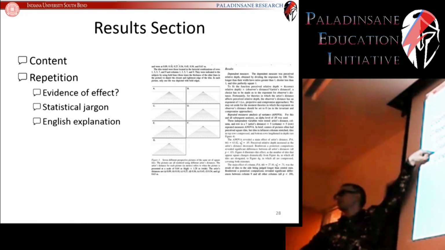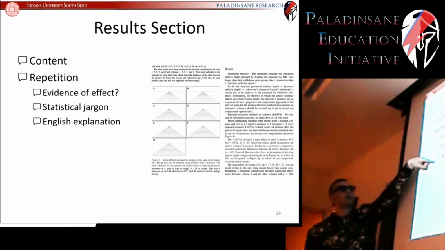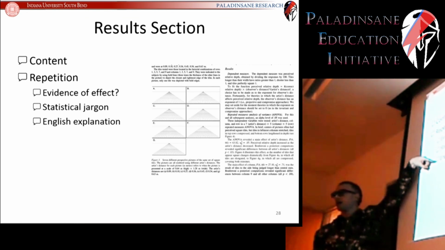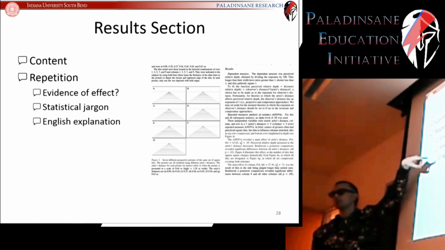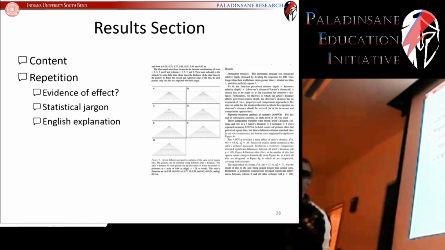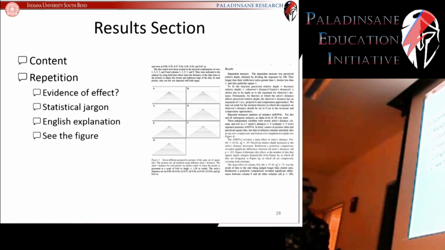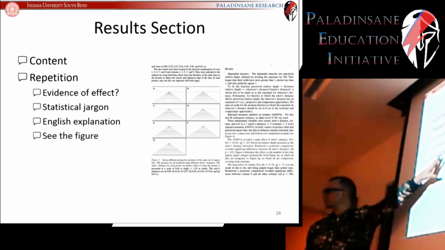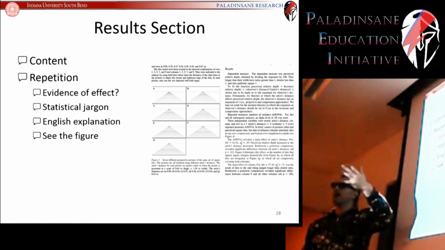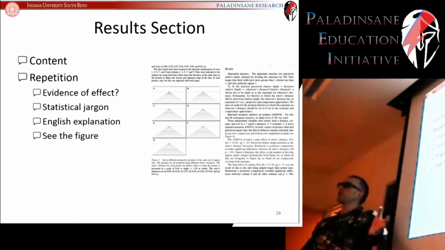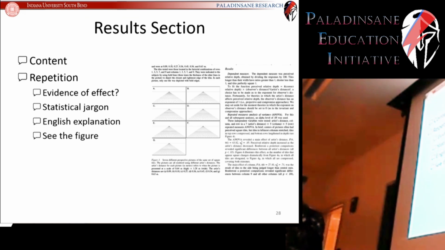Here's your stats. F equals this, P equals this. And the English explanation: correct items were recalled at a higher rate than critical items. And that's it. That's the section for that particular difference. And then we do that. Oh, and then the last thing is you say, see the figure. We won't actually put figures in there, but it's a good idea to have that, oh, go see figure 1, just English language in there so that you know where to put your figures later on.